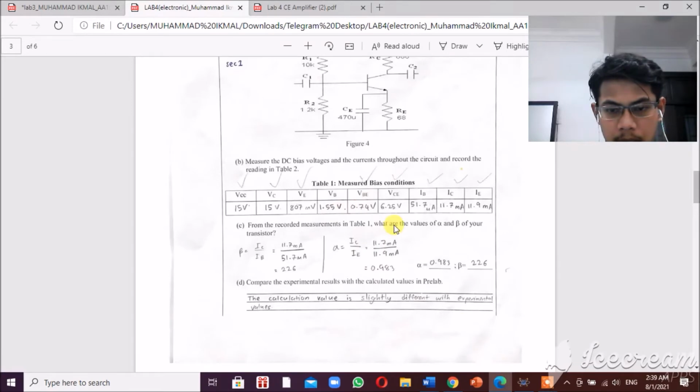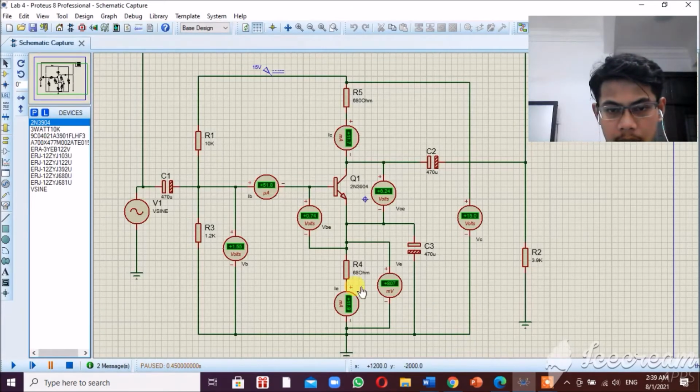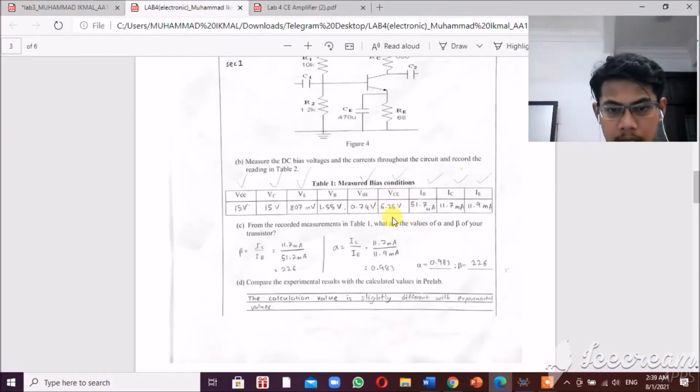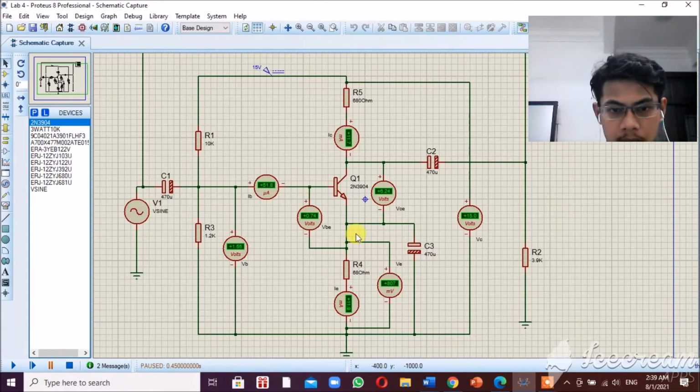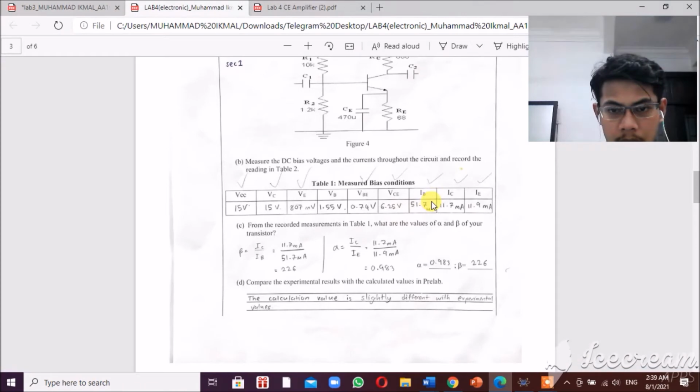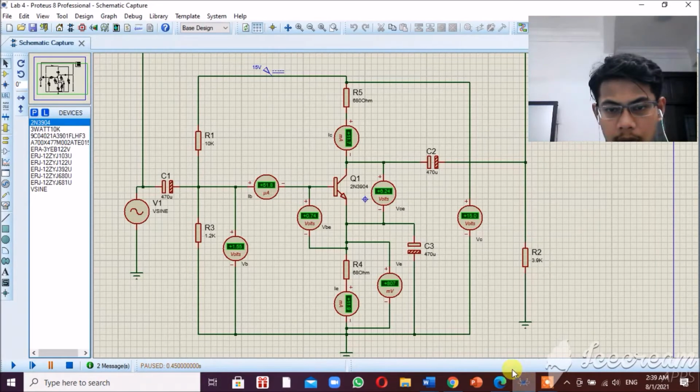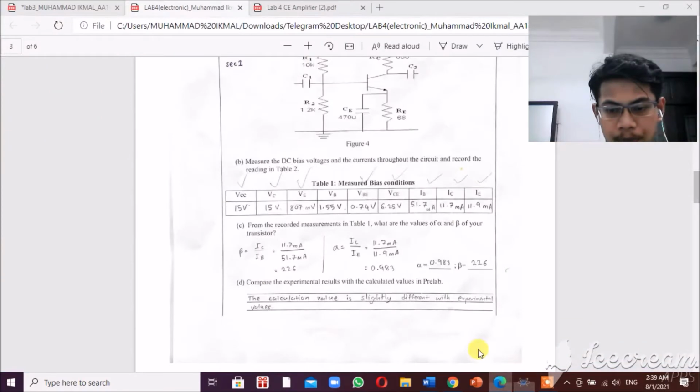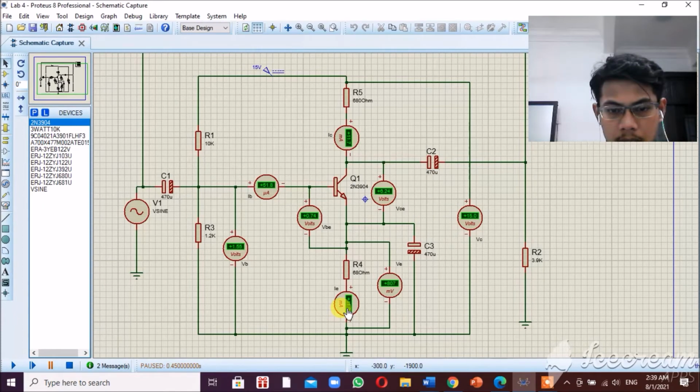The VBE is 0.74, and the VCE is 6.25 volt. And the IB is 51.7 microampere. IC is 11.7 milliampere. And the IE is 11.9 milliampere.